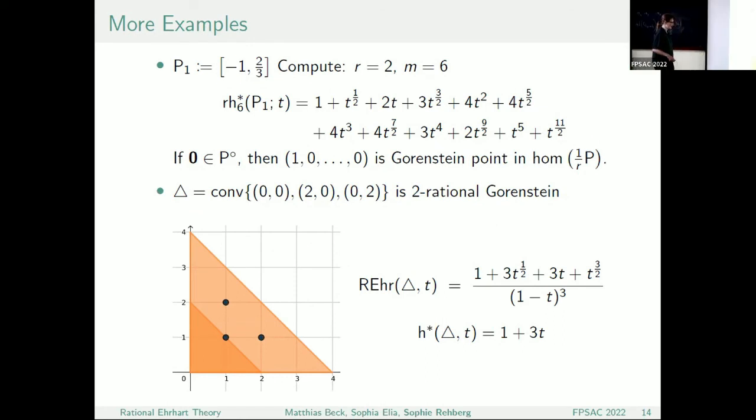Yeah, this somehow boils down to the detail of how we choose this parameter m. There are several choices of choosing m, and here we chose m in a way that m over r is an integer again, because then we can recover the h star polynomial. But you could reduce this expression. This expression is highly non-unique. It always depends on this parameter m. Okay, thank you.